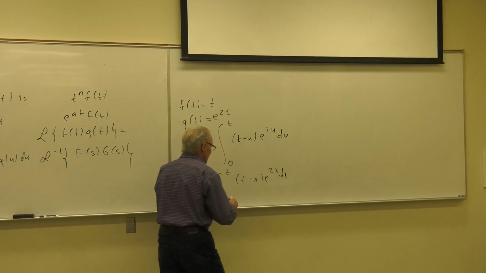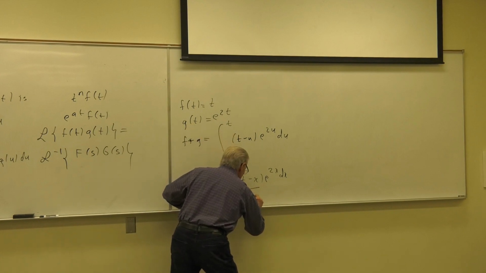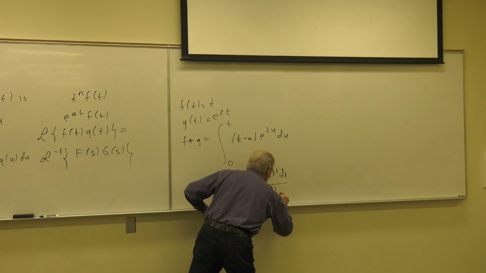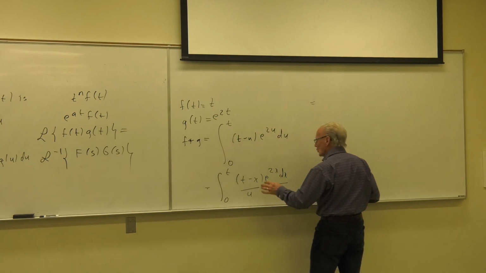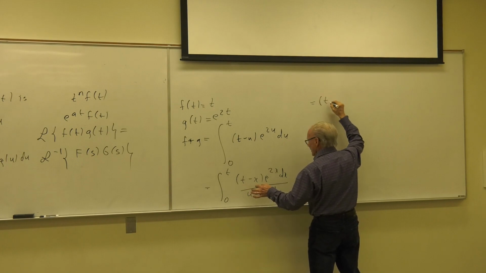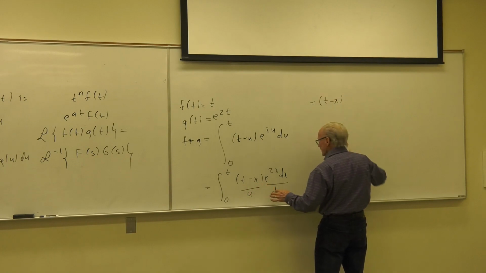Now let's use integration by parts. That we would put to be the u, that we would put to be the dv. So if we use integration by parts, we get u, which is t minus x, times v.